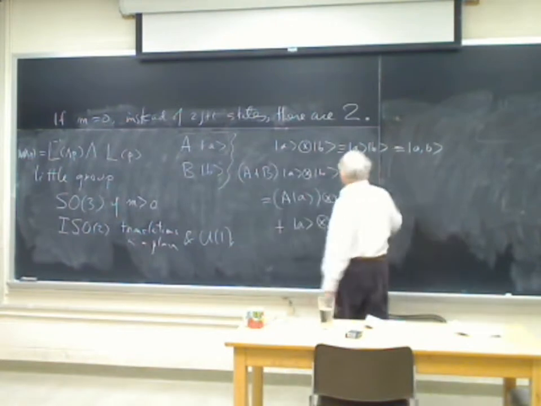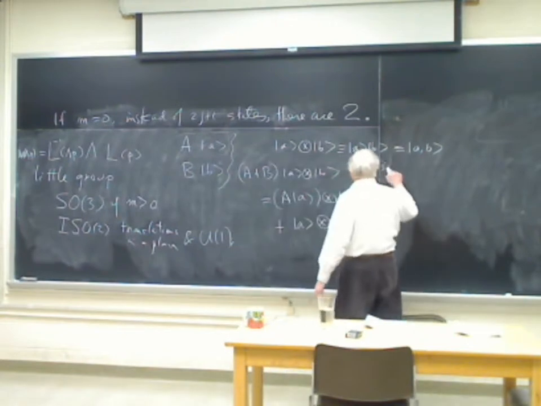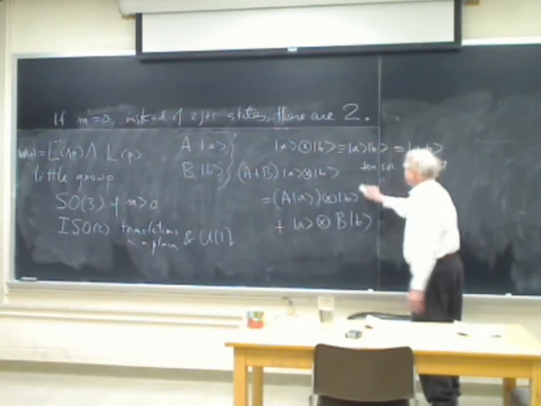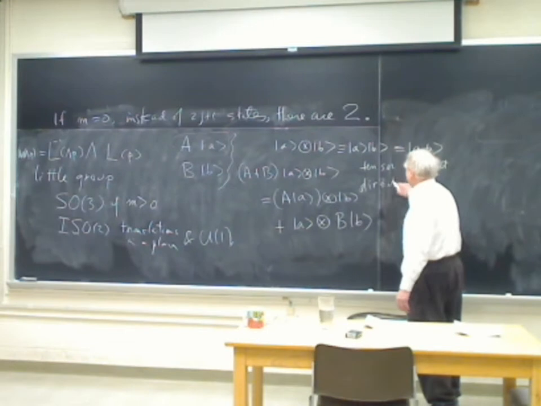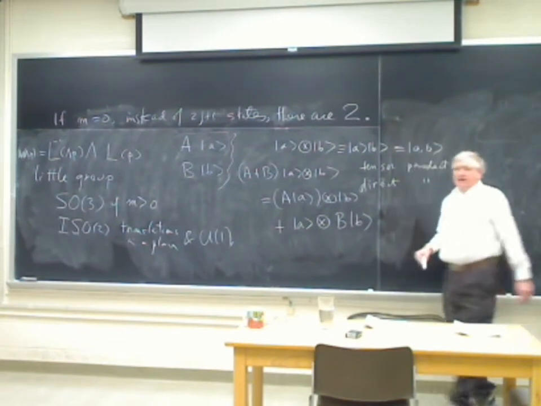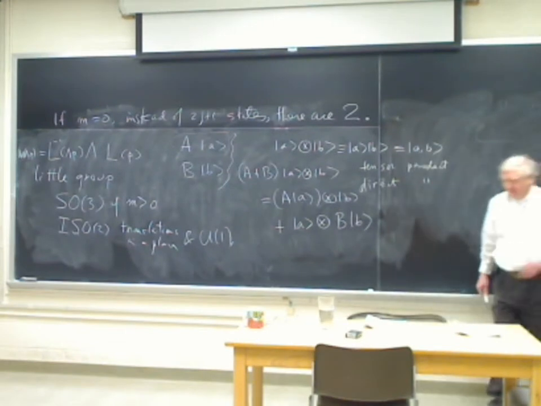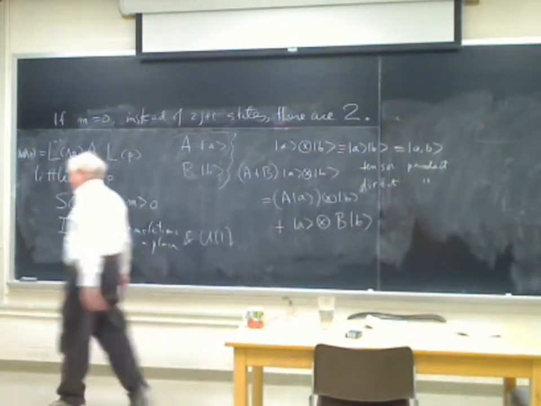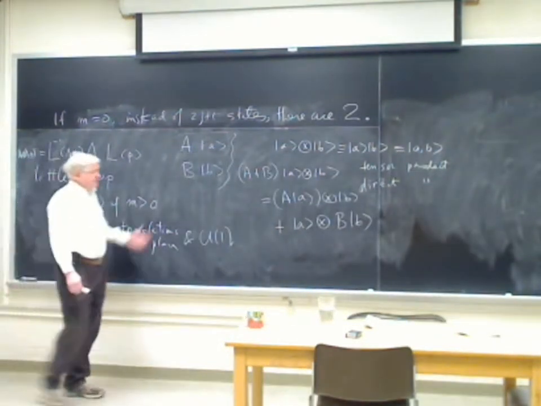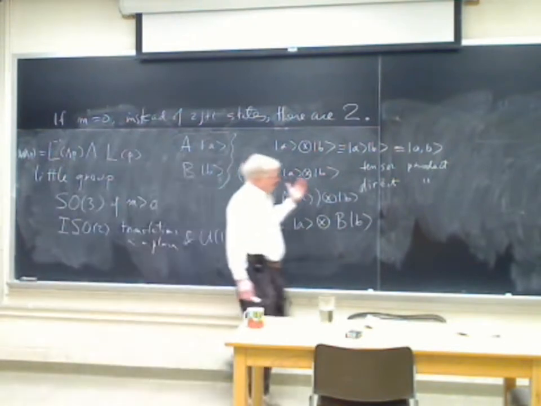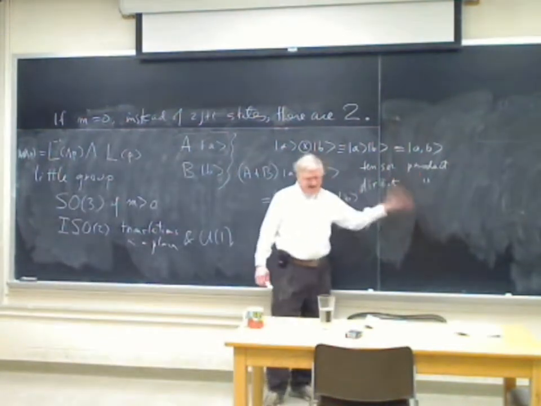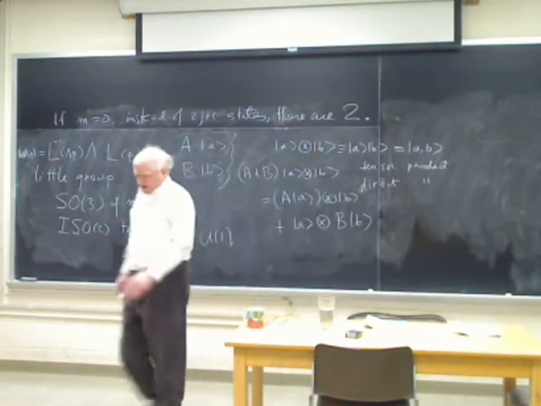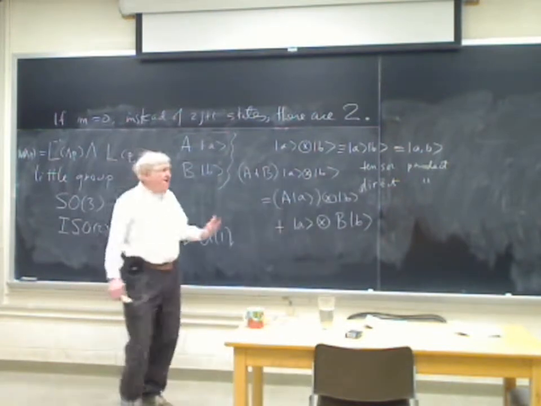And so I urge all of you, whether you saw this in 521 or not, to find the place in Messier, probably volume 1, somewhere in there, where he describes this thing. It's sometimes called a tensor product. It's also sometimes called a direct product. And I'm not good at names, either for people or physical concepts, but it's one of these names, and it might be called composite systems.